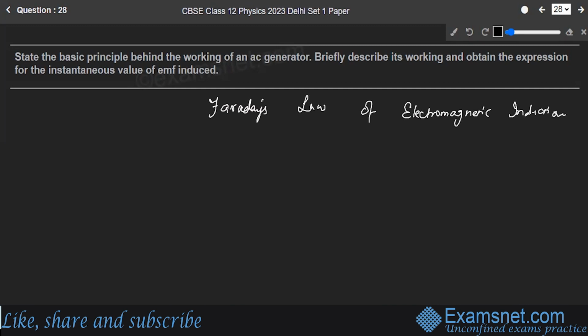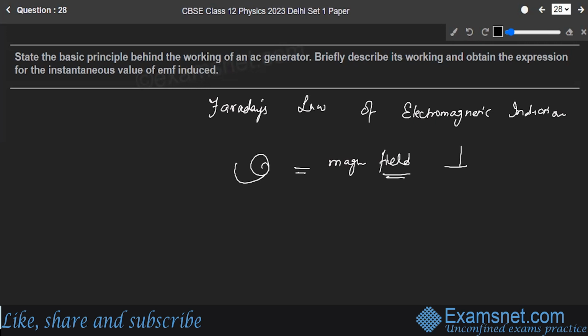Whenever a coil is rotated in a uniform magnetic field about an axis perpendicular to the field, the magnetic flux linked with the coil changes and an induced EMF is set up across the ends. So this is the basic principle behind the working.